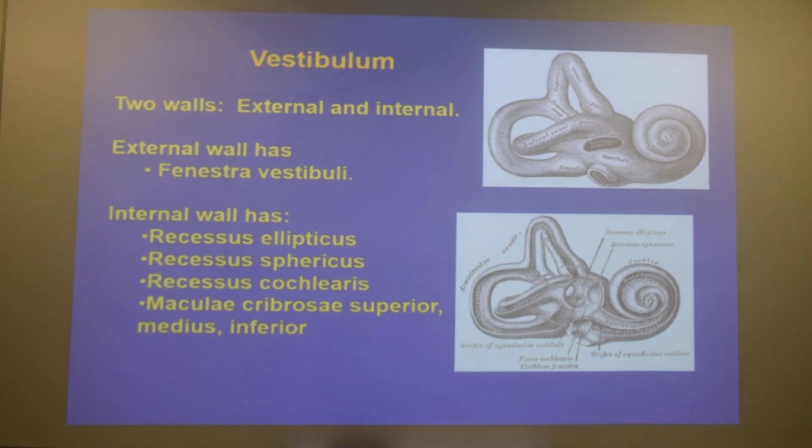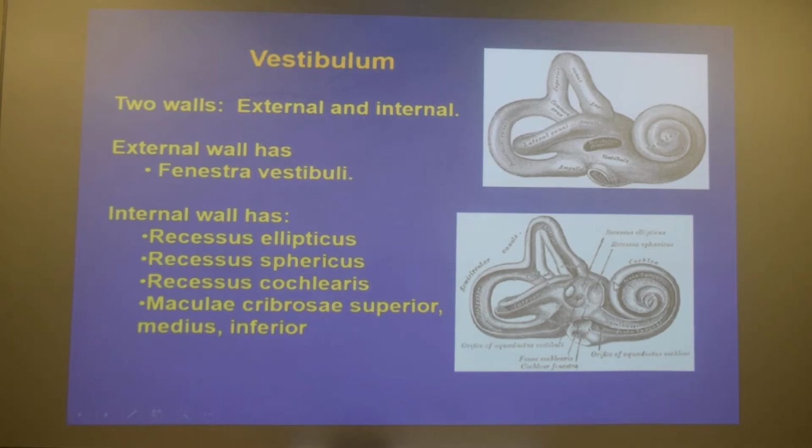So what you are going to see is that in the vestibule you would have a recess for the oval window, which is called recessus ellipticus, and then you have the recess for the round window, which is called recessus sphericus.